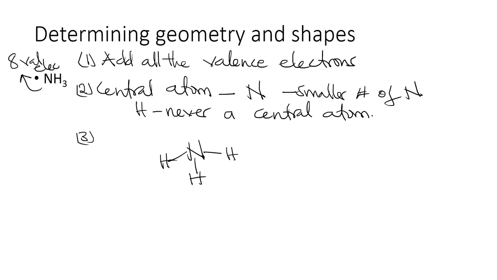Rule 4, give 8 electrons to the side atoms, or 2 electrons in the case of hydrogen. So give 2 electrons to each hydrogen. But we know that the first 2 electrons should connect between the central atom and the side atom.